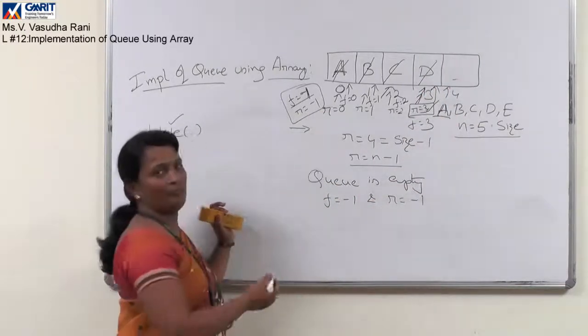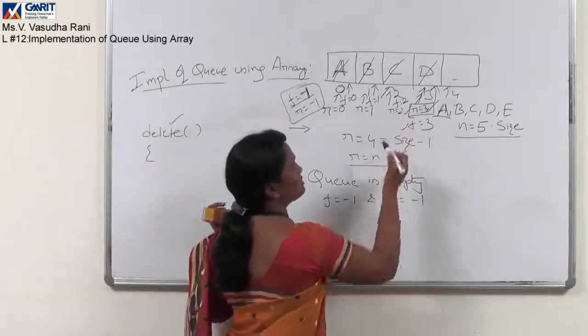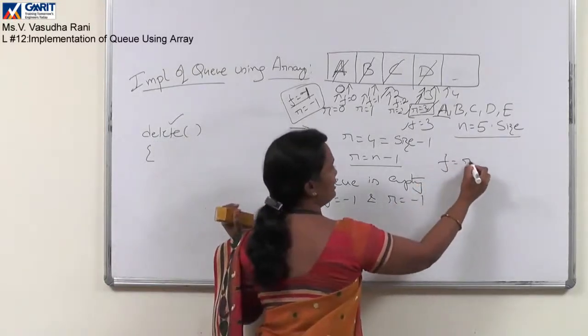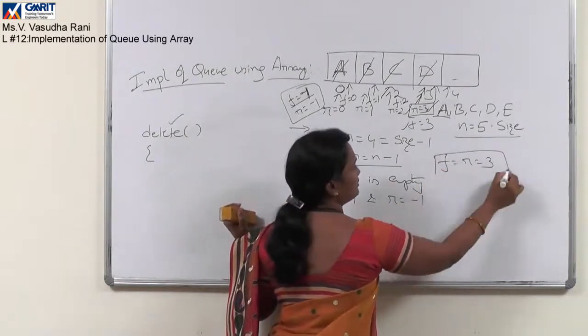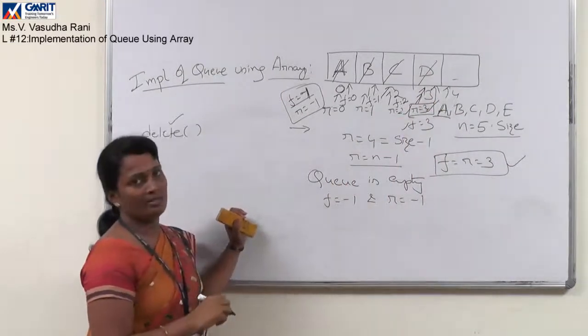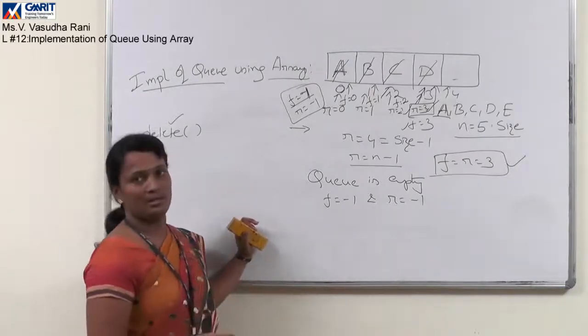Now if you observe the queue, there are no elements in it, and if you see the front and rear values, they are equal. It is actually front equal to rear equal to 3. So here we find another situation: whenever front is equal to rear, the queue is empty.